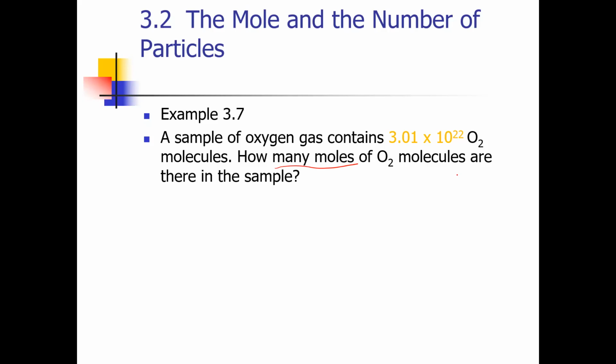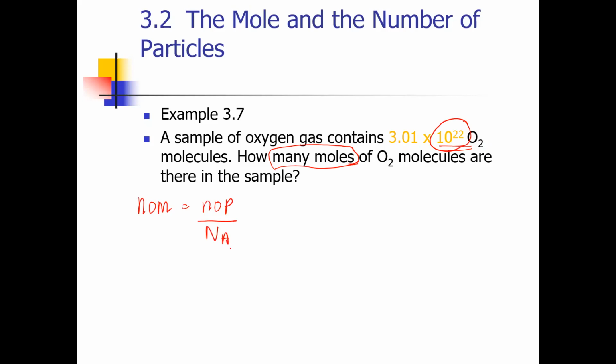Whenever you see something like 10 to the power of 22, you already know I'm going to use this particular formula: number of moles is equal to number of particles over Avogadro constant.